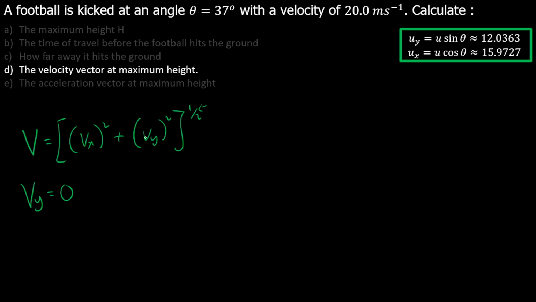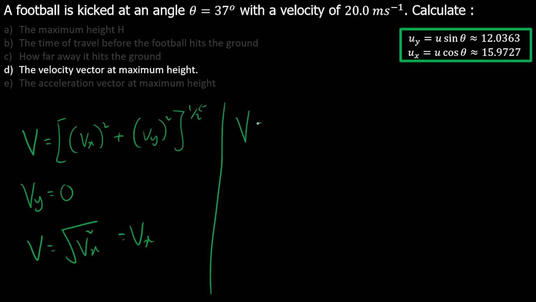Then we can substitute in to get the square root of vx squared, which is just vx. So at the maximum height, our velocity vector is going to have the same value as our vx, which is equal to ux. And this is going to take the value of 15.9727 meters per second, whereas our vy is going to be 0 meters per second.